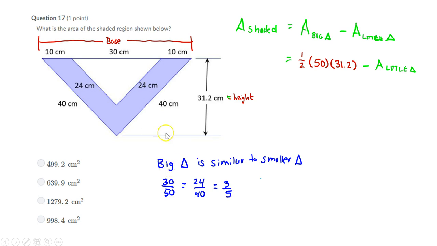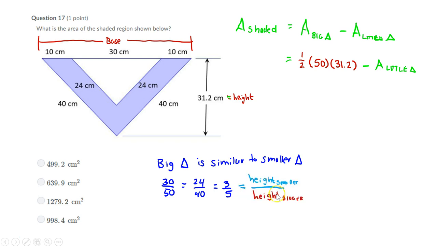But I do see from the evidence here, when I look at this side compared to this side, that they have an overlap, but 30 over 50 and 24 over 40, the ratios of these two sides, both equal 3/5. Since each side of one triangle is proportional to each side of the other triangle, these are similar triangles. If they're similar triangles, they're going to have proportional heights as well.